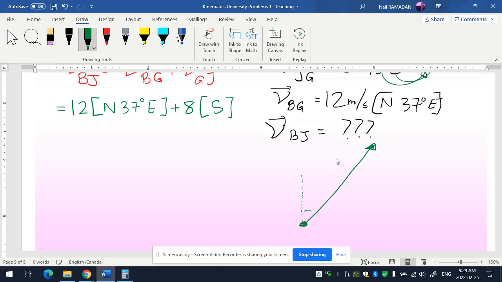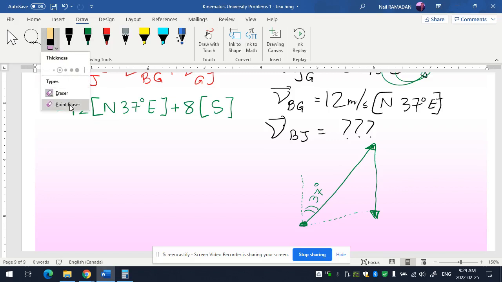How much is this? 37. Yeah, because it's between north and east. And then my second vector would go up or down. I'm going to make it a little bit shorter.